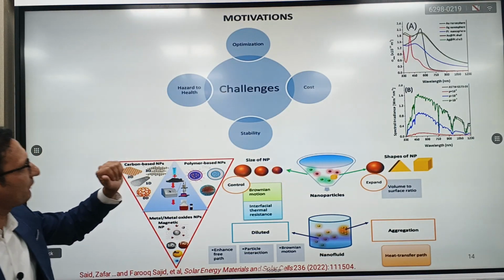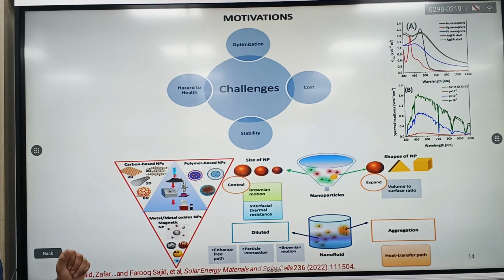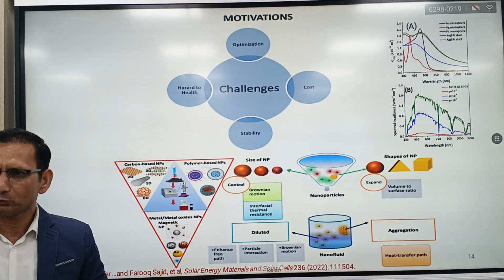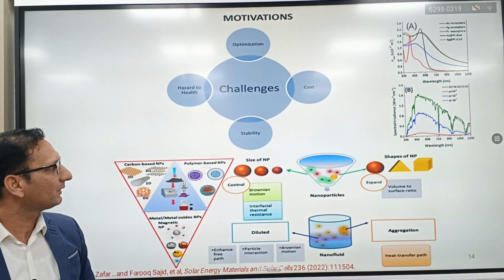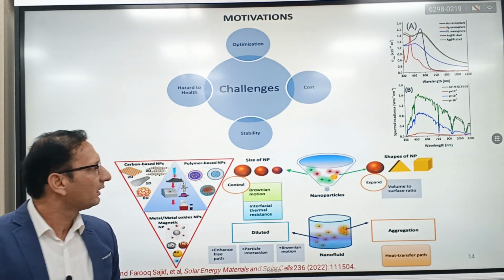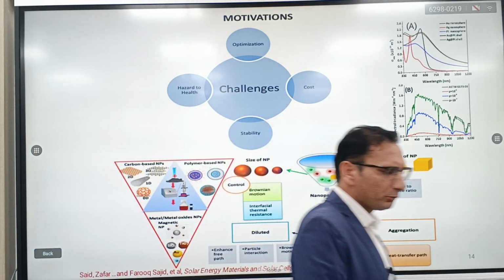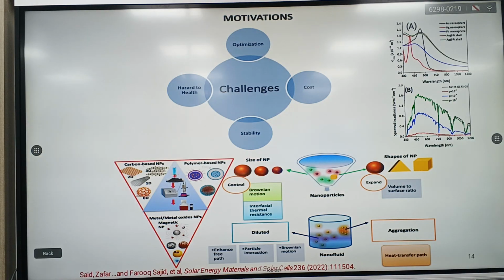This is actually the motivation for me when I started to work, because the person who hired me was already publishing in that. But in our case, when I was working in Sao Paulo, I realized that people are using a lot of gold nanoparticles, but they don't know which is the proper size, which is the proper shape, and which is the proper material.